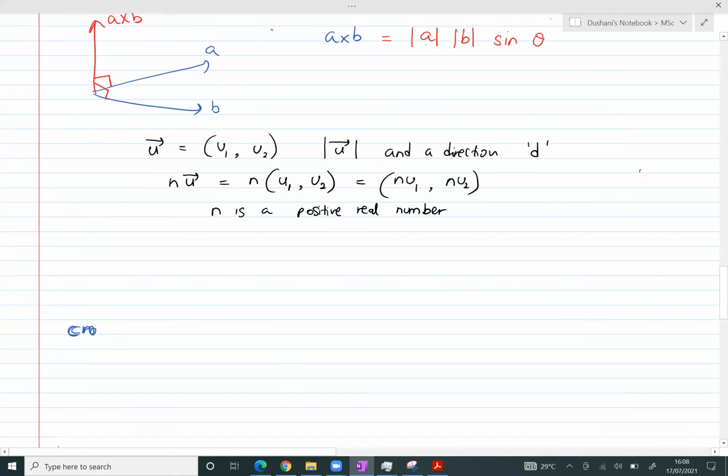The magnitude of nu will be calculated in the same way, and the direction does not change. So the direction will be the same as before, d. But if in case n was a negative number, then the direction will be opposite of d.